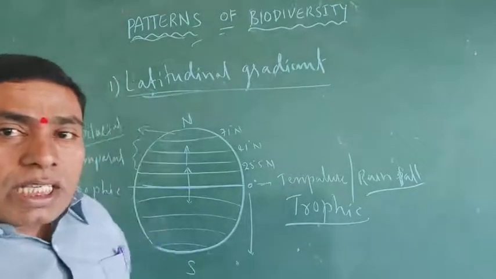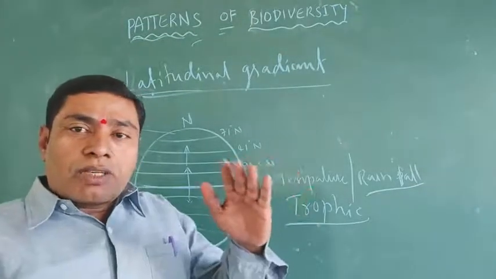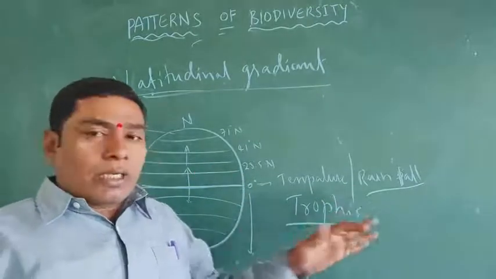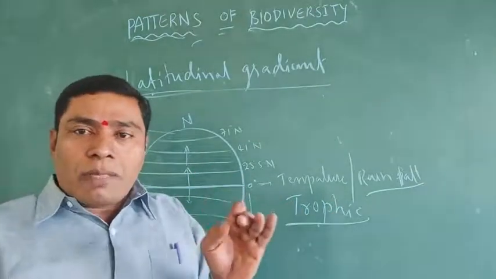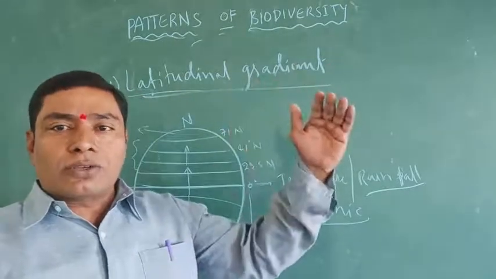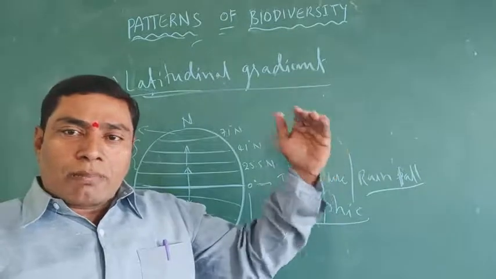So when the latitude increases, the temperature decreases. When the temperature decreases, the rainfall also decreases. The annual precipitation decreases as the latitude increases, so it depends on the temperature.